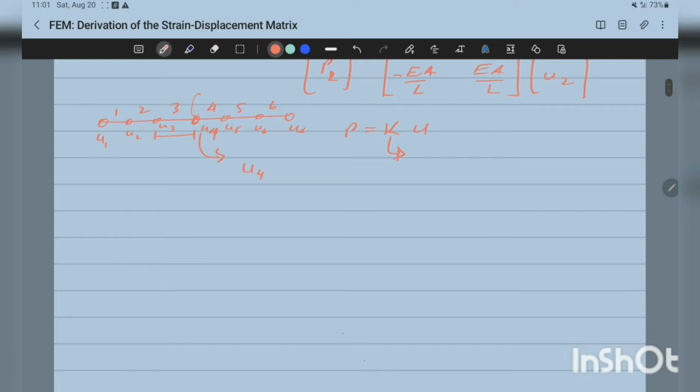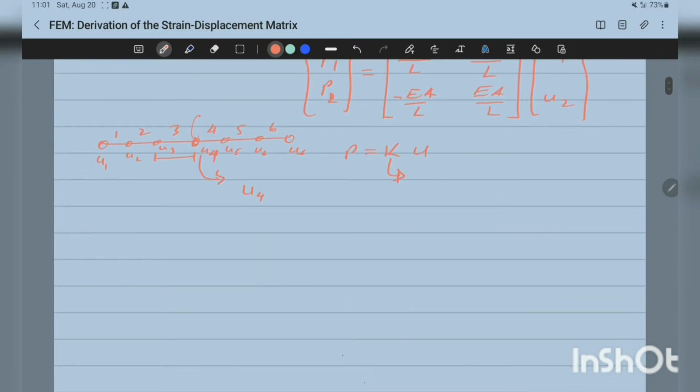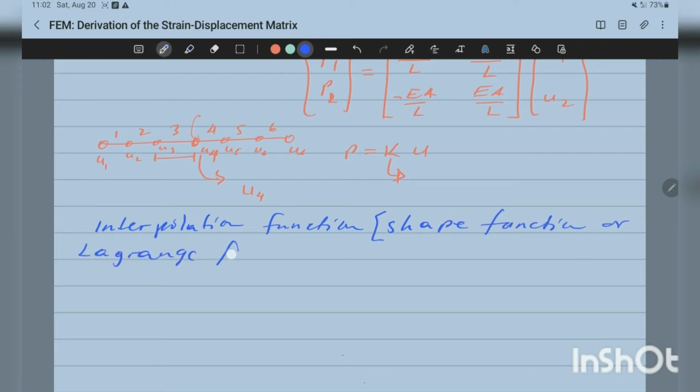So the best approach, which most finite element software actually uses, is obtaining an interpolation function, also known as the shape function or Lagrange function.